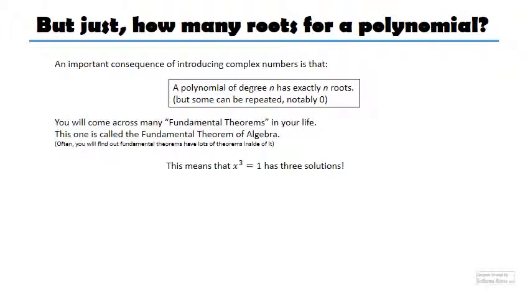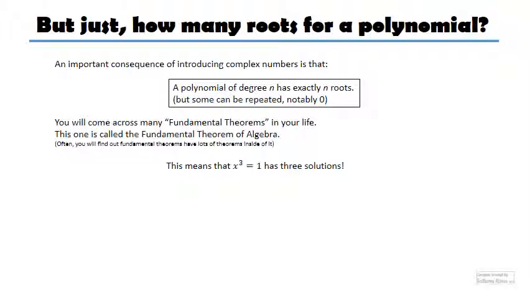The previous one we had, x squared plus x plus 1, had 2 roots. Now, both of them were complex, but that means it still has 2 roots. So any polynomial of degree n is going to have exactly n roots. It's very important to know.